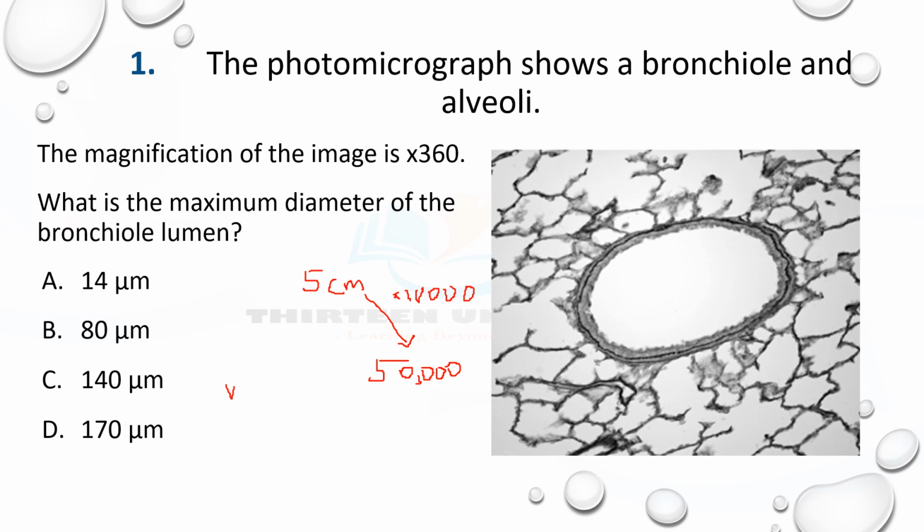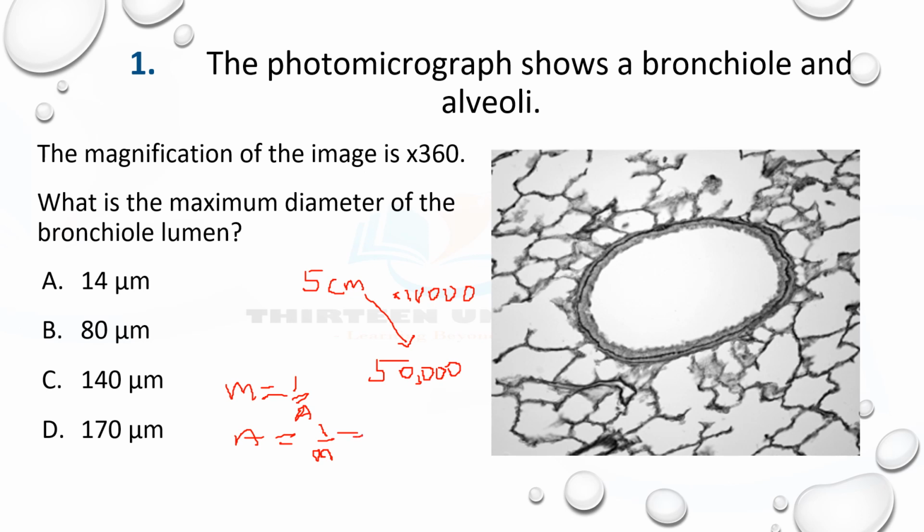Remember that magnification is equal to image over actual. If you make actual the subject of the formula, actual will be equal to image over magnification. So we already have our image and our magnification.